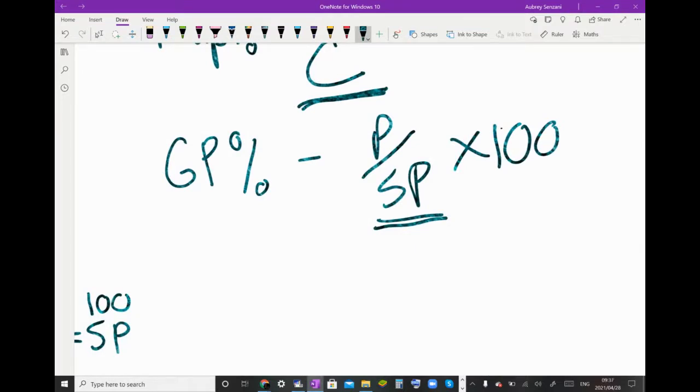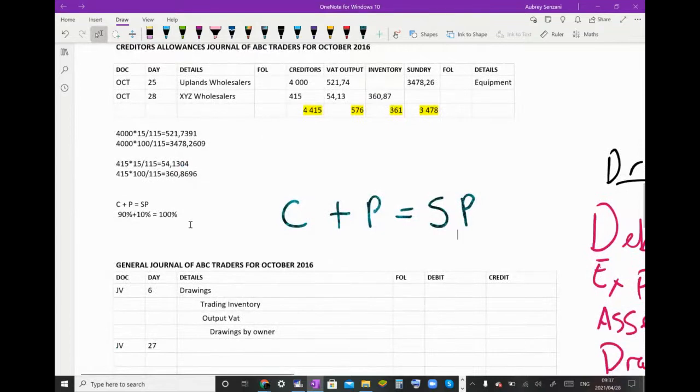So what is selling price, percentage-wise? Because remember, I want us to do our model there. Selling price is 100%. And we know profit is, if gross margin is 10%, then profit is 10%. Okay? So what is cost?